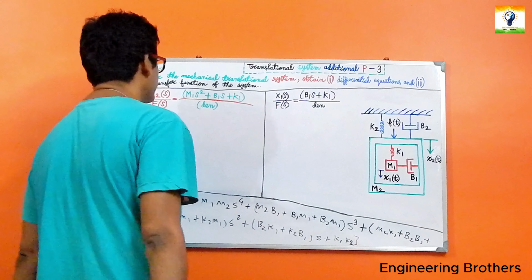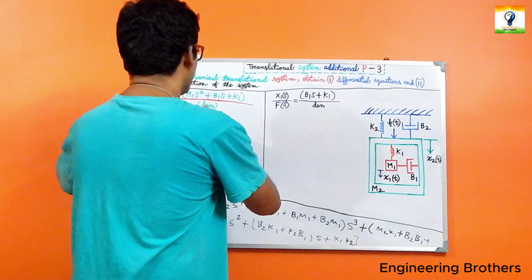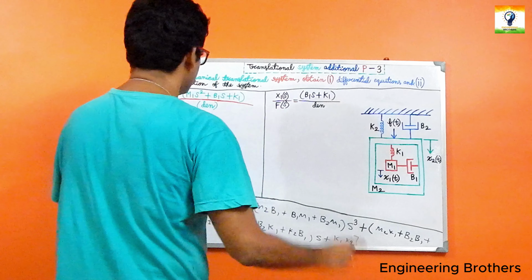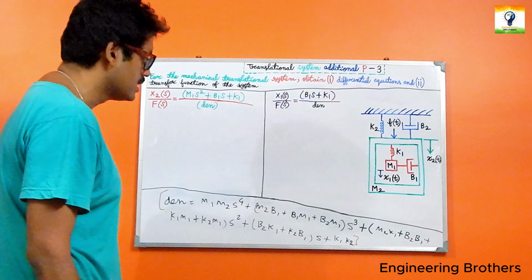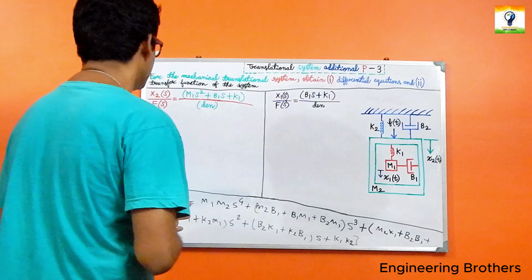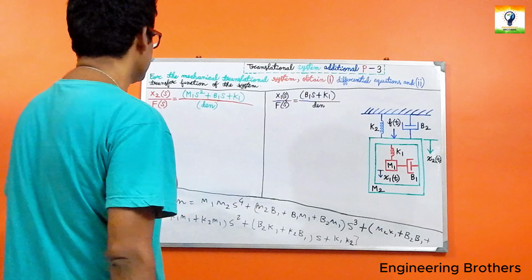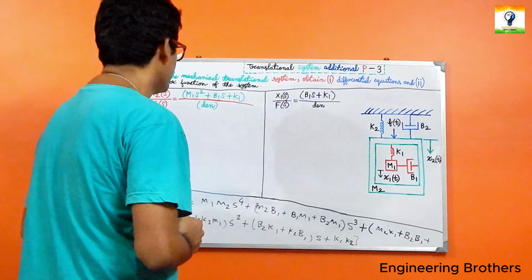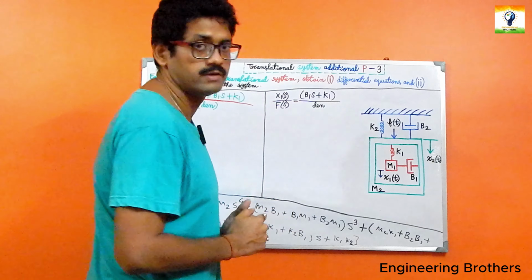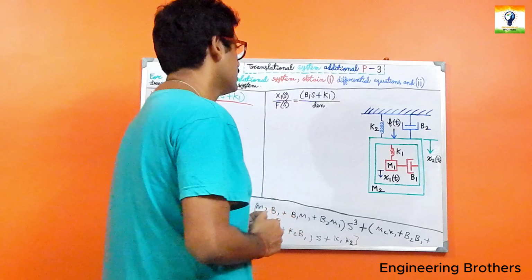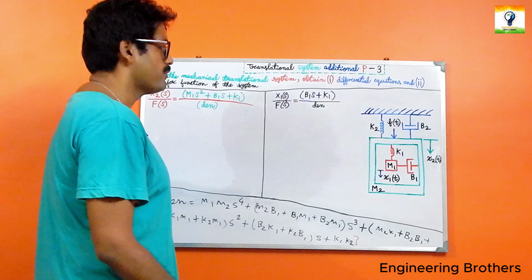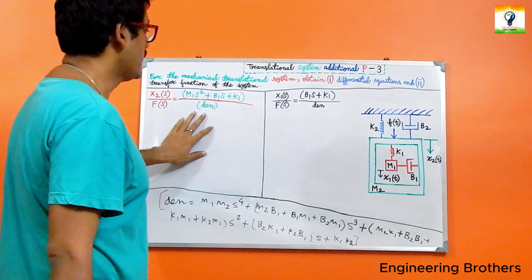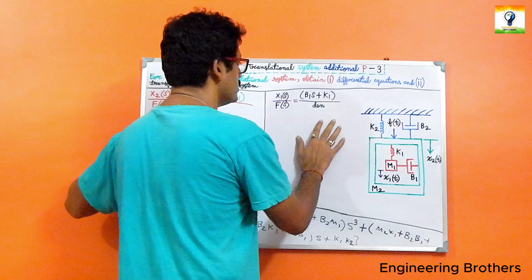While solving these two ratios, we realized that the denominator for both, whether for X2(s)/F(s) or for X1(s)/F(s), will be the same. Only the different part for these ratios is the numerator. For X2(s)/F(s), we got the numerator m1 s squared plus b1 s plus k1, and similarly for X1(s)/F(s), the numerator is b1 s plus k1. So while solving this type of problem, we find X2(s)/F(s), and that denominator is constant for the other ratio, X1(s)/F(s).